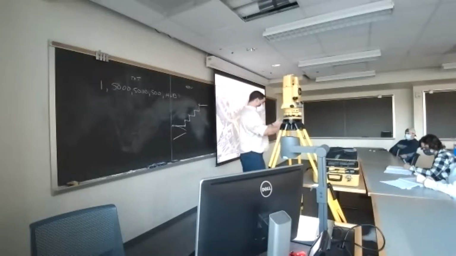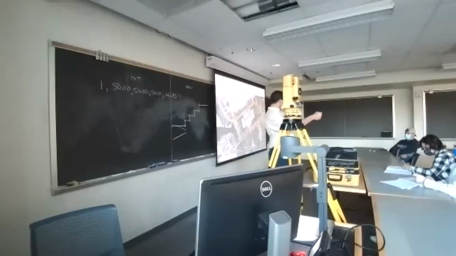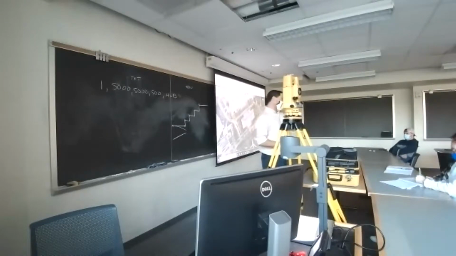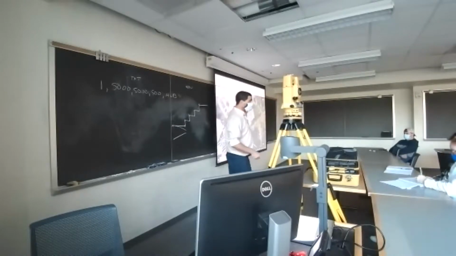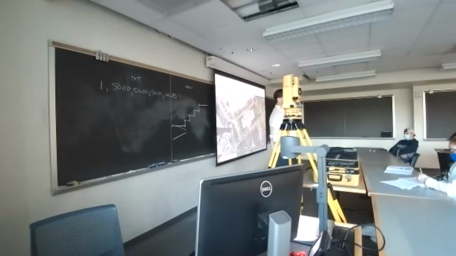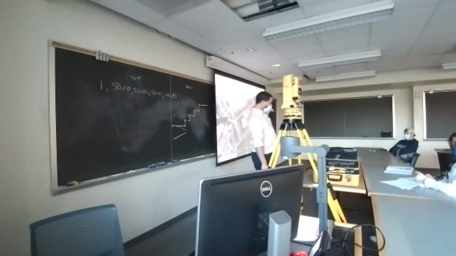So what do you do? You open the door, you put the rod inside the door, and you stand there with the door open and you take your shot about a foot or so inside the door. If I was shooting the finished floor of a building, am I going to shoot that funky, fancy brick stuff that they have out here? No, I'm going to hold the door open.